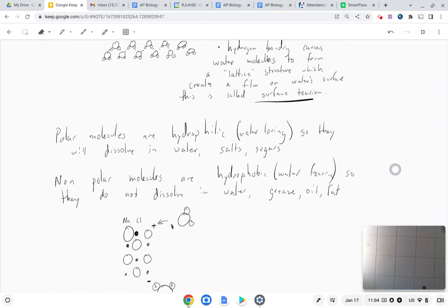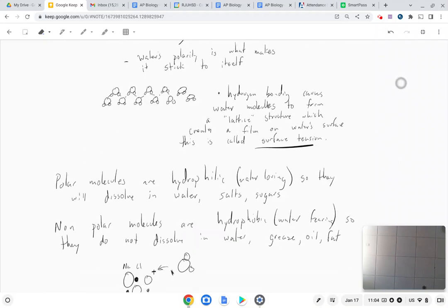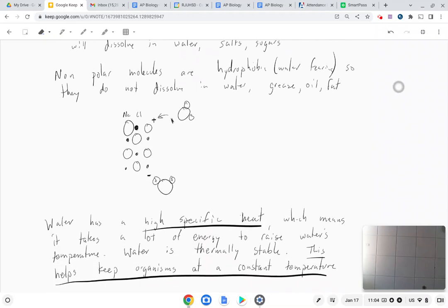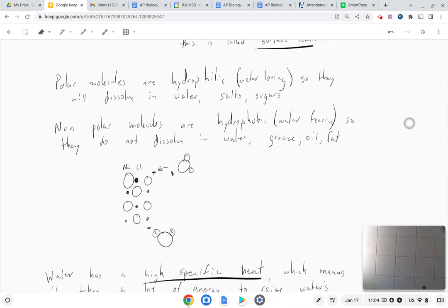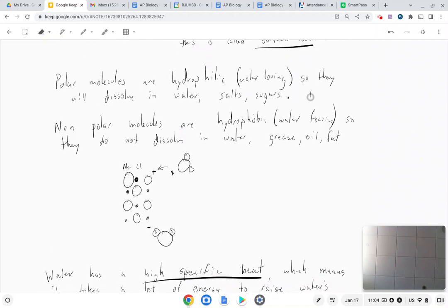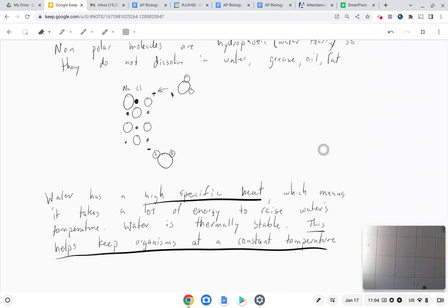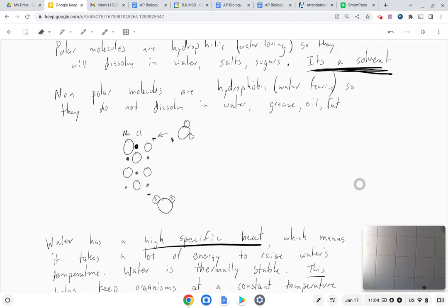So just to recap all of the examples of how it's useful to living things. We talked about its solvent properties, its ability to dissolve things. We talked about how it's able to keep a constant temperature because of its high specific heat.